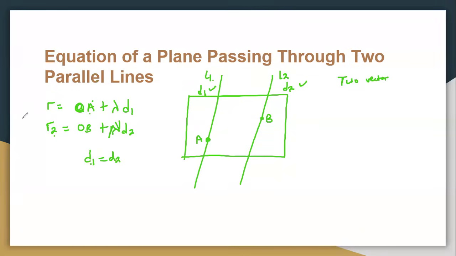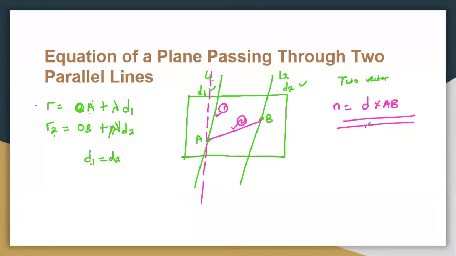So how am I going to find it? I'm going to find my second vector by joining A to B, which are the known points along the lines. So this is one vector and this is the second vector. To get the line that is normal to both, I'll take the direction vector crossed with AB. That will give me my normal.